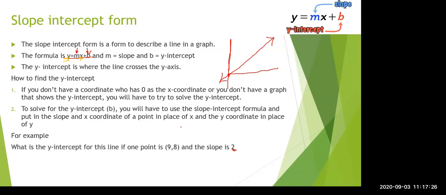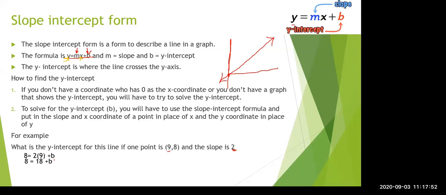We know x, which is 9, and we know y, which is 8. So now let's plug in that information. Now we know that 8 equals the slope times the x-coordinate plus something, and we're trying to find that something. So now this is basically an algebraic equation, and you can solve it.